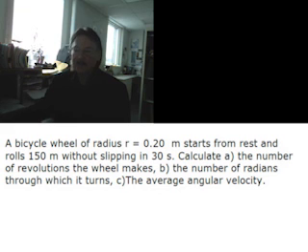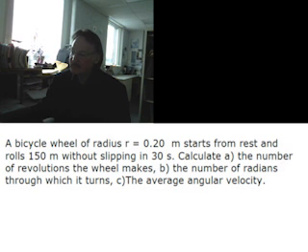Just make sure you identify what the terms are up here, what each of the numbers means. The fact that it started from rest is not used in this particular case because we only looked for the average angular velocity. What if we wanted to know the final value of omega, right?